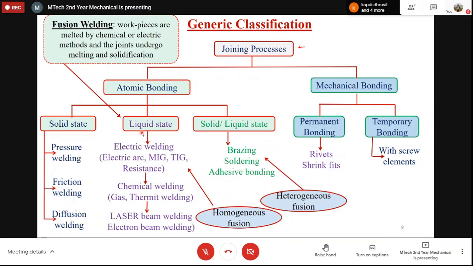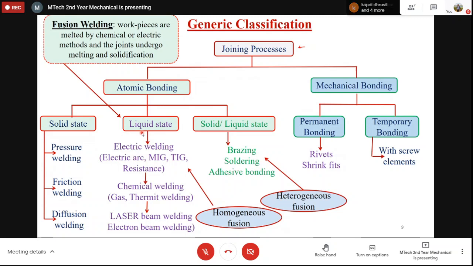The two materials are there, and we have one tool which rotates over these two materials. What happens? The softer material gets deposited over the harder material. Due to the friction of the tool over the different workpieces, friction is causing the generation of heat.